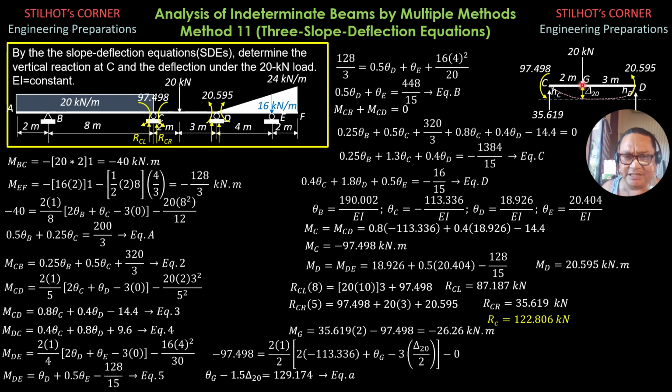Then MGC. Because MG is negative 26.26, that's MGD. MGC is the positive of that value. So 26.26 equals 2 times 1 over 2 times 2 theta C, which is negative 113.336, plus 2 theta G, then minus 1.5 of delta 20.